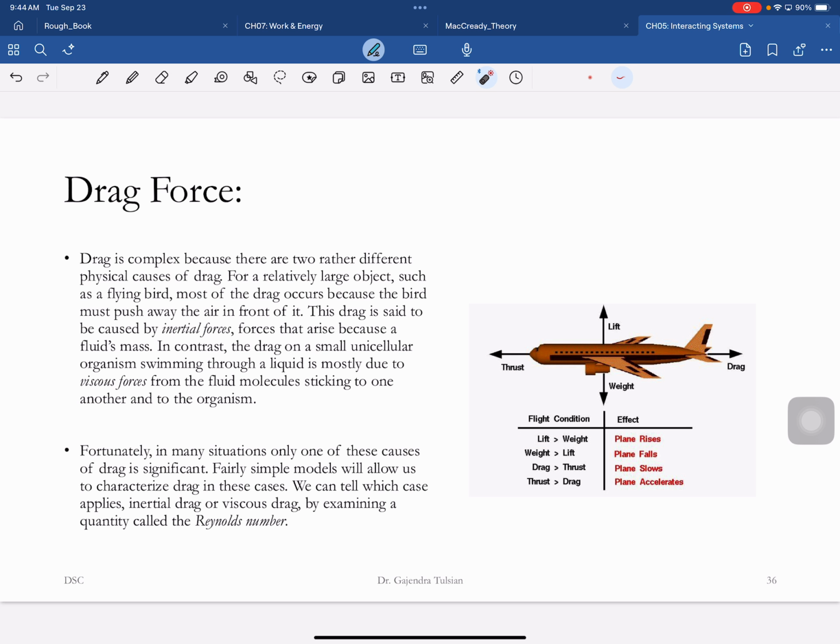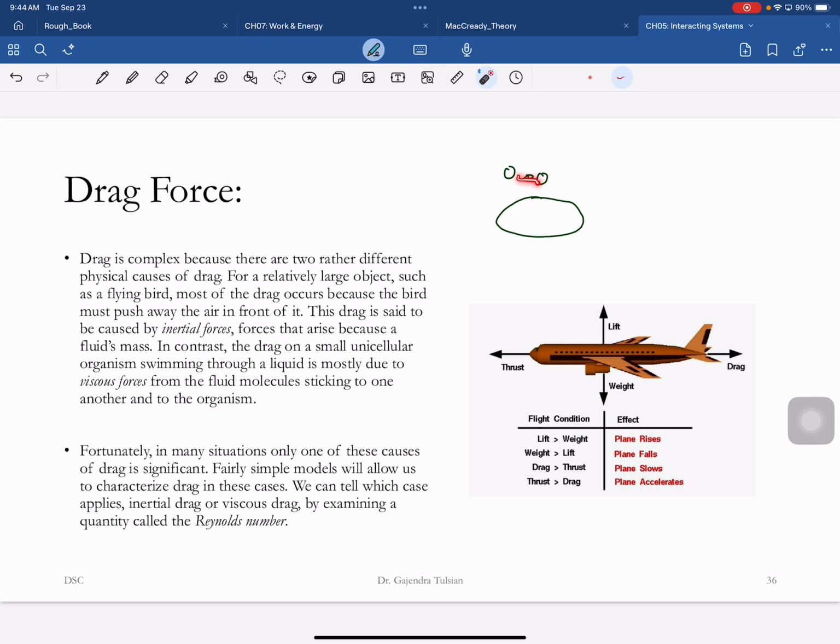There's a second cause. The drag on smaller unicellular organisms swimming through a liquid is mostly due to viscous forces. So drag can occur either via inertial forces or viscous forces. What is this? From the fluid molecules sticking to one another. Here's a small animal, and it's trying to swim through water.